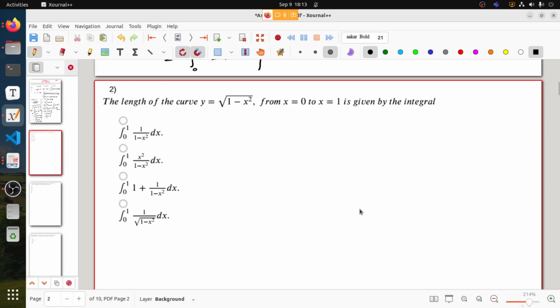So the last one is the parameterized curve, right? For the parameterized curve we have done. The second one is saying that the length of the curve, where y is given as some function of x, you have to find from 0 to 1.